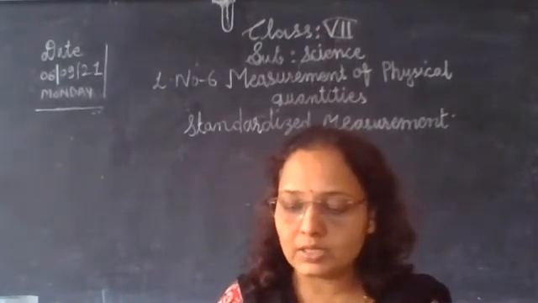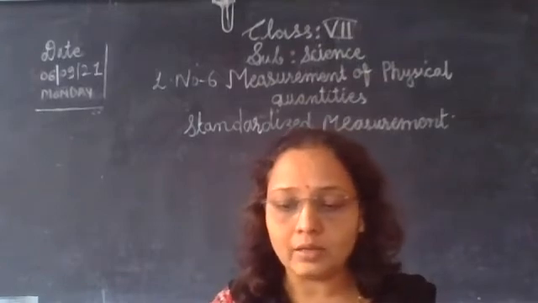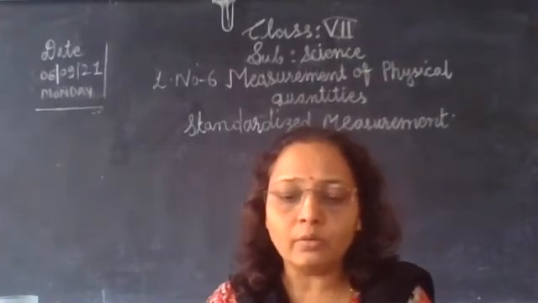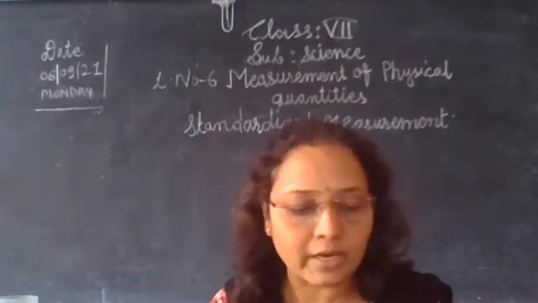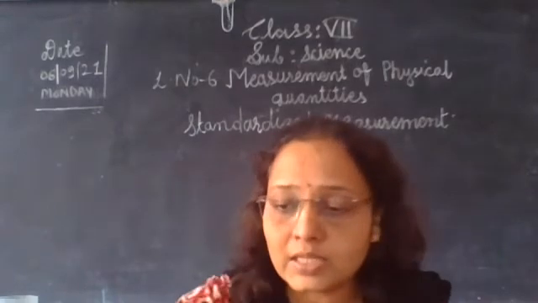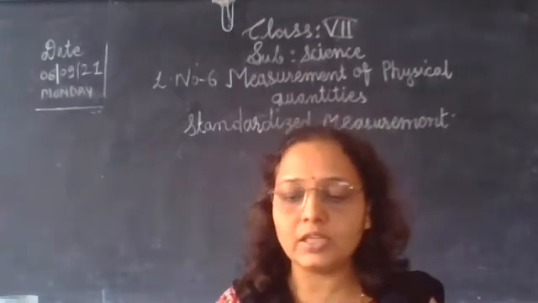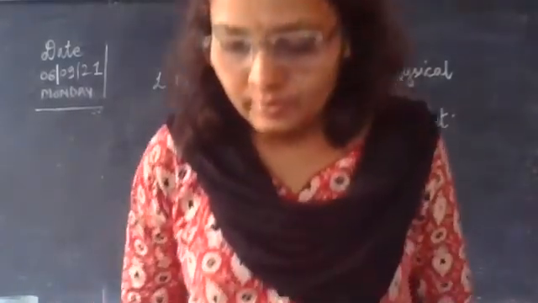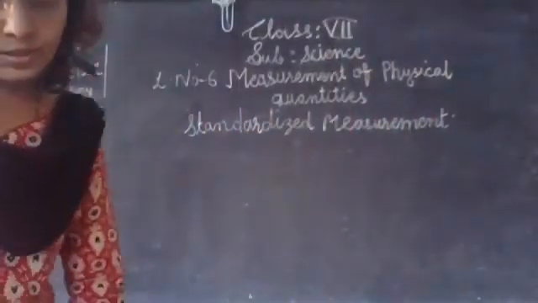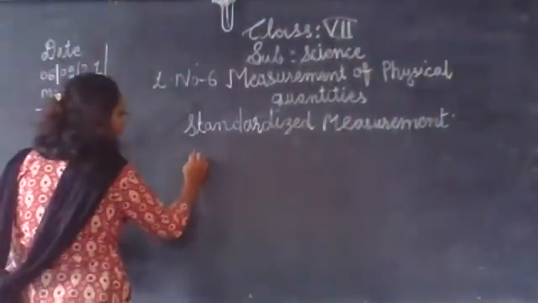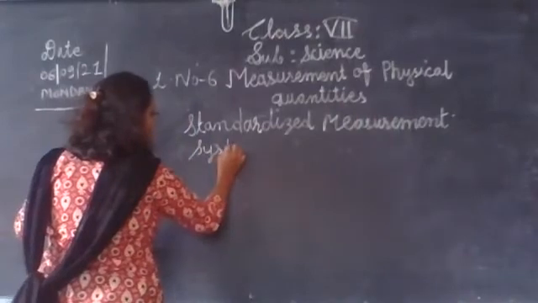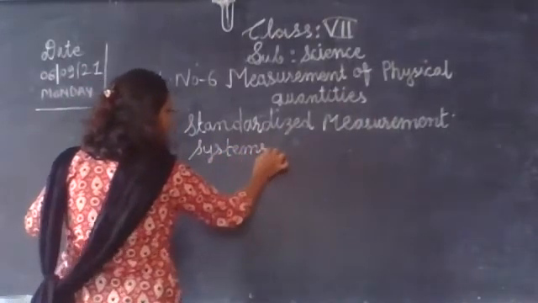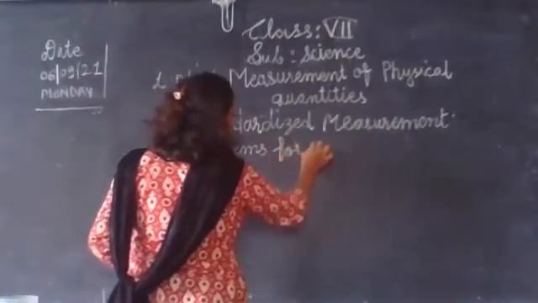So let's see, there are two measurement systems, that is the MKS and CGS systems, to measure.